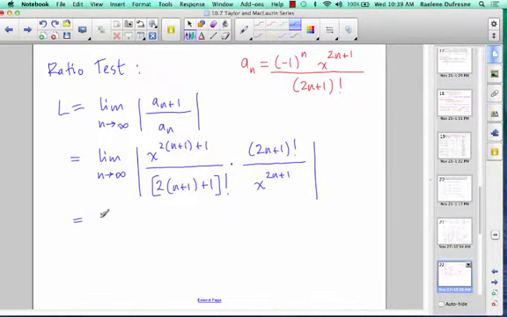So we can simplify the exponents. And here we're going to get 2n plus 2 plus 1, which is 2n plus 3, and so will this be 2n plus 3.